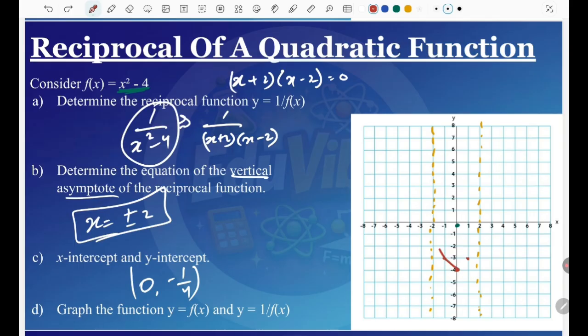It goes like that. From here, it goes like that. So these are your points on that. But your reciprocal function doesn't touch those points. So you again make the table of values, and you will get this type of thing.